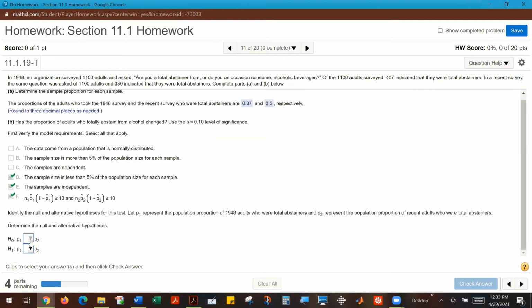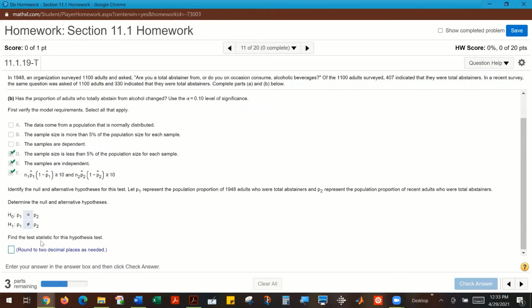So in this case, we want to know basically, did our population proportion stay the same from 1948 to recent times? So this would be, is P1 equal to P2 for our null hypothesis? And then the alternative would be P1 is not equal to P2. So those would be our null and alternative hypotheses. Again, check your answer.